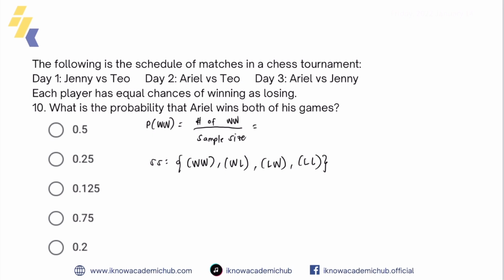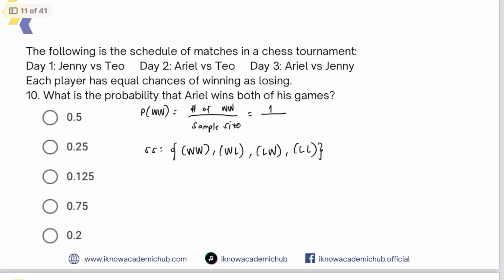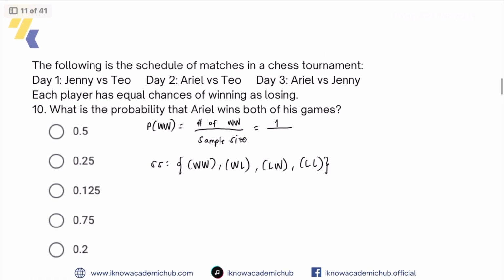Okay? So how many win-win do we have? We have 1 over how many elements are there in the sample set? I mean sample size. We have 1, 2, 3, 4. Thus we have 0.25. This is the correct answer.